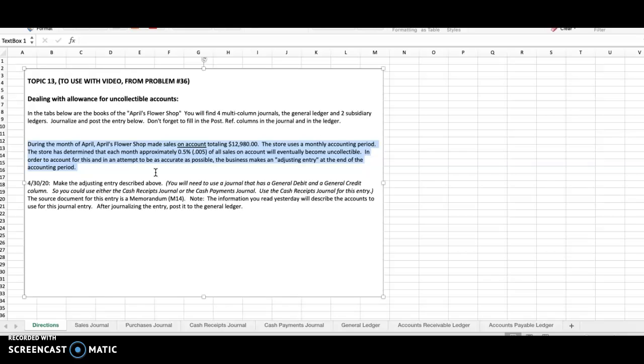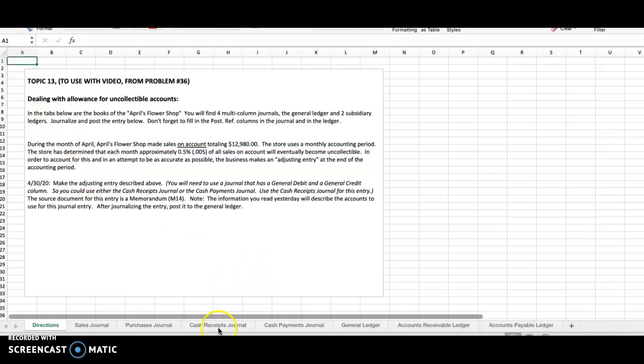They will become bad debts. So if that's a fact of life, we can assume that will happen again. We're not sure when and exactly which customers, but we will assume that it will happen because it has always happened in the past. So we make an adjusting entry. That's what this direction calls for. So let's briefly review this.